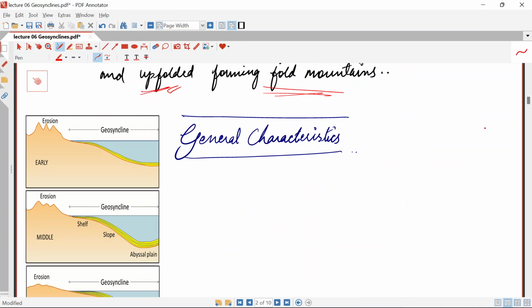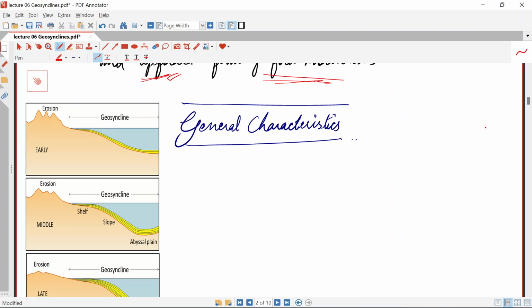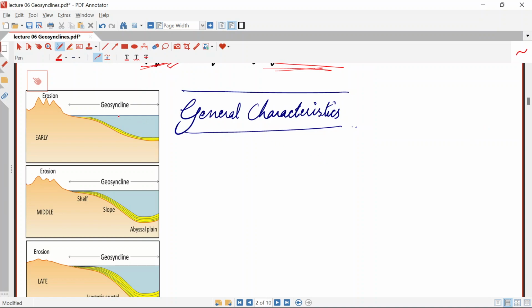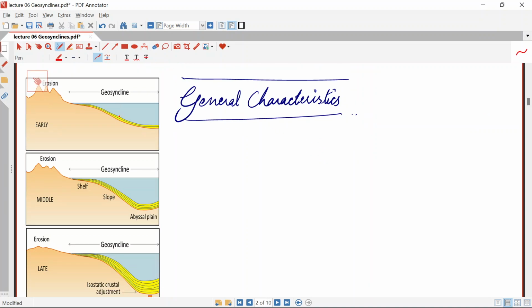So what are the characteristics of geosyncline? In this image, as I explained earlier, erosion takes place on this mountainous area which is near the sea or a water body. This is a mobile water body, and these yellow lines are depositions made due to the erosion.